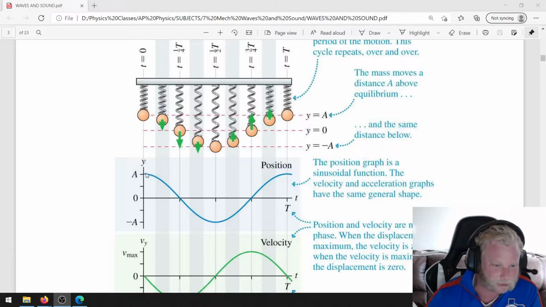So at time equals 0, you're starting at your maximum positive amplitude. At 1/4 of your period, you've reached equilibrium, right? So it goes down to equilibrium, and then by the half period, he's halfway through his cycle, right? Which means that he's at the maximum negative distance, the negative amplitude, represented down here.